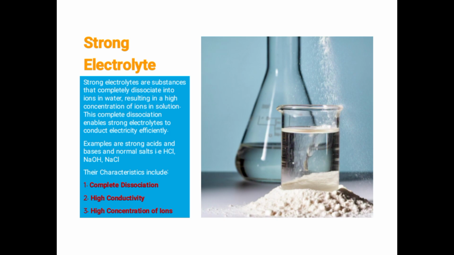This complete dissociation enables it to conduct electricity efficiently. Examples of a strong electrolyte include a strong acid and a strong base. Examples of strong acids include HCl and H2SO4, and examples of strong bases include NaOH and KOH respectively.